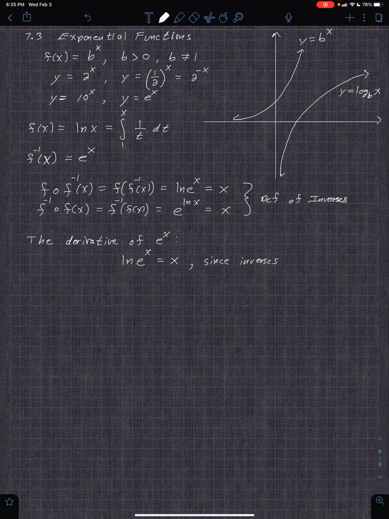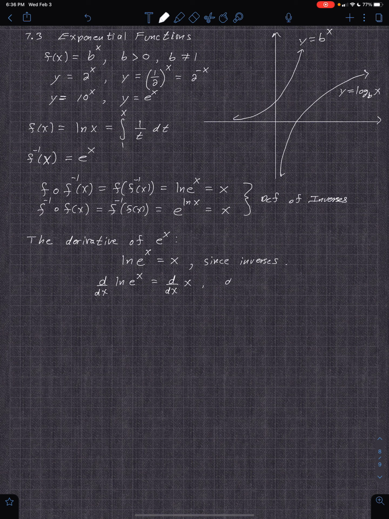Now let's differentiate both sides. So d/dx of ln e to the x equal to d/dx of x, we know the right hand side will be 1.